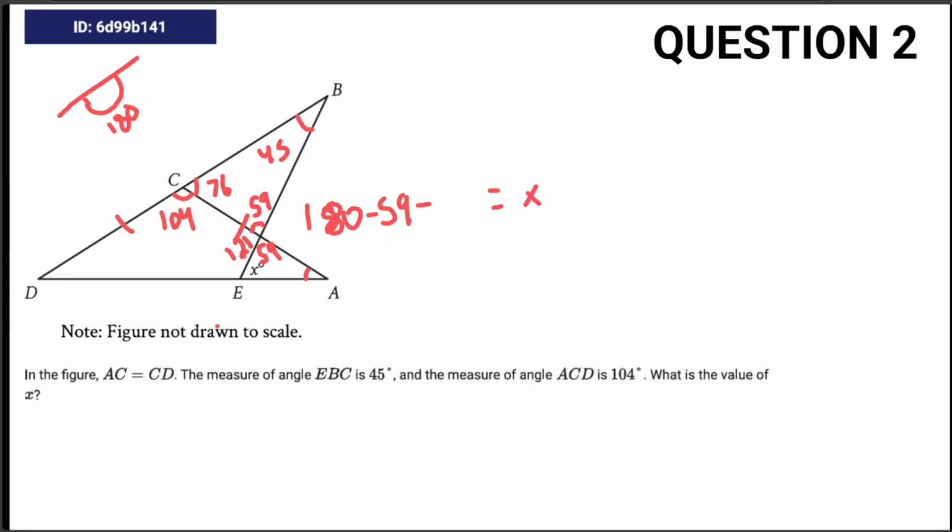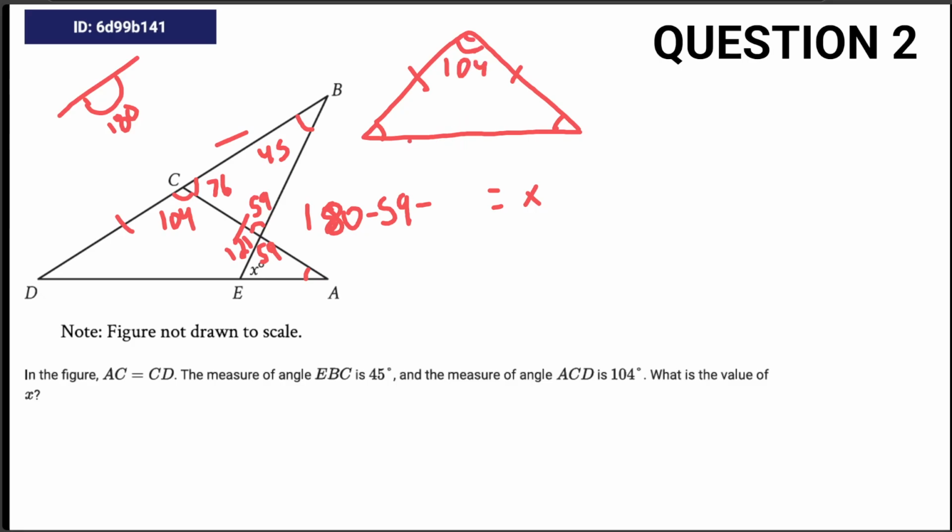Now, to find this value, we can see that this big triangle here, CDA, is an isosceles triangle. Because these two are the same, it means that this and this are the same. And we know that this is 104.